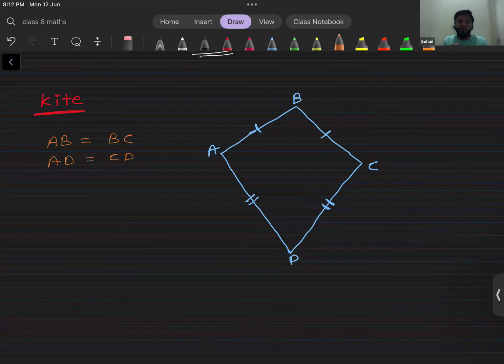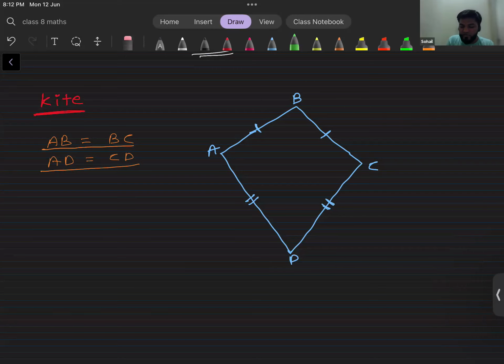So we say that the two pairs of opposite sides are not equal to each other. Like AB and BC, they are equal to each other, but the two pairs of opposite sides are not equal. That is one property of a kite.